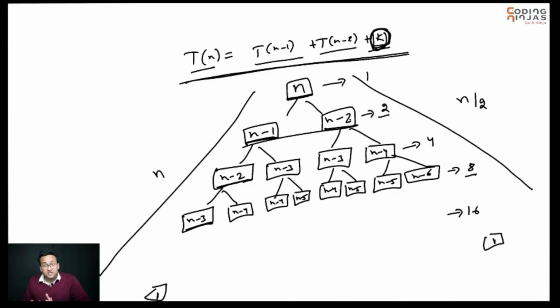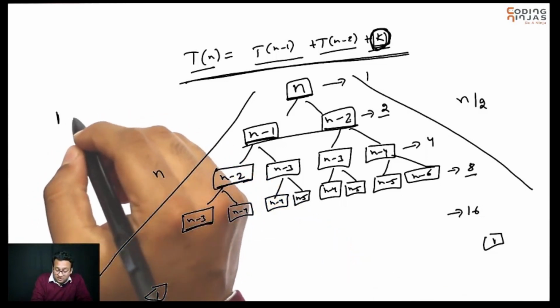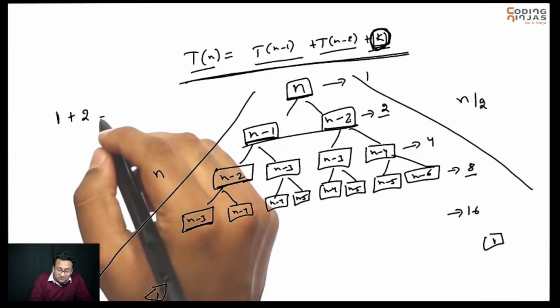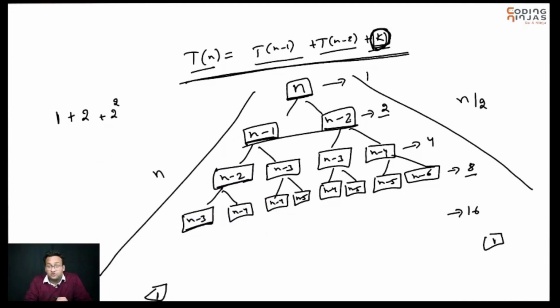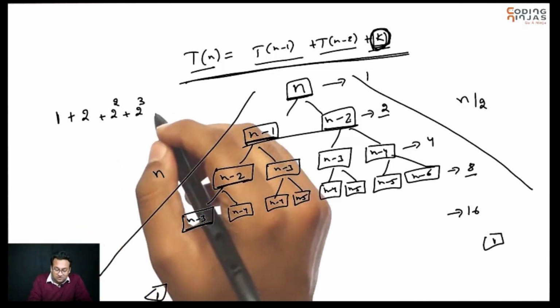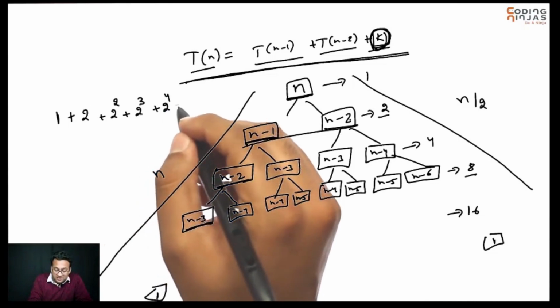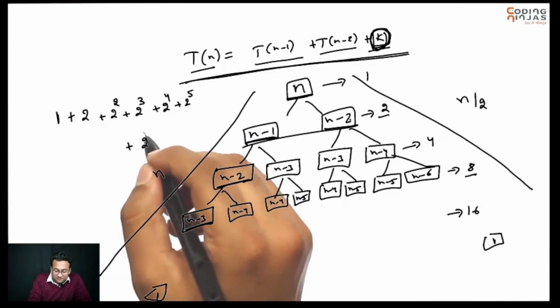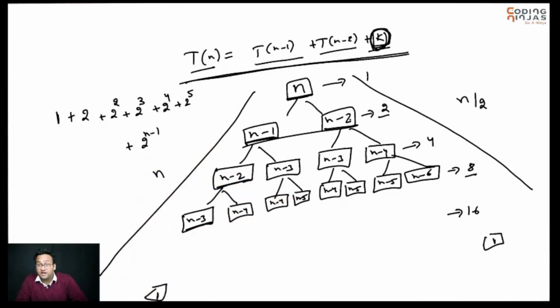So in the worst case we can assume this has n levels, and if it actually has n levels, the first level has one function call, second level has two function calls, the third level has 4 function calls, next level has 8 function calls, next level will have 16, next level will have 32, and the last level will have 2 to the power n minus 1 function calls.